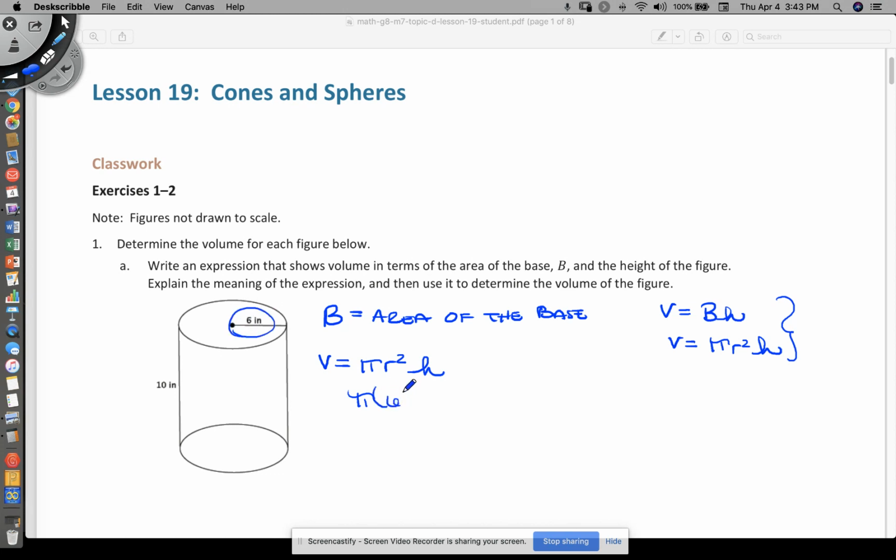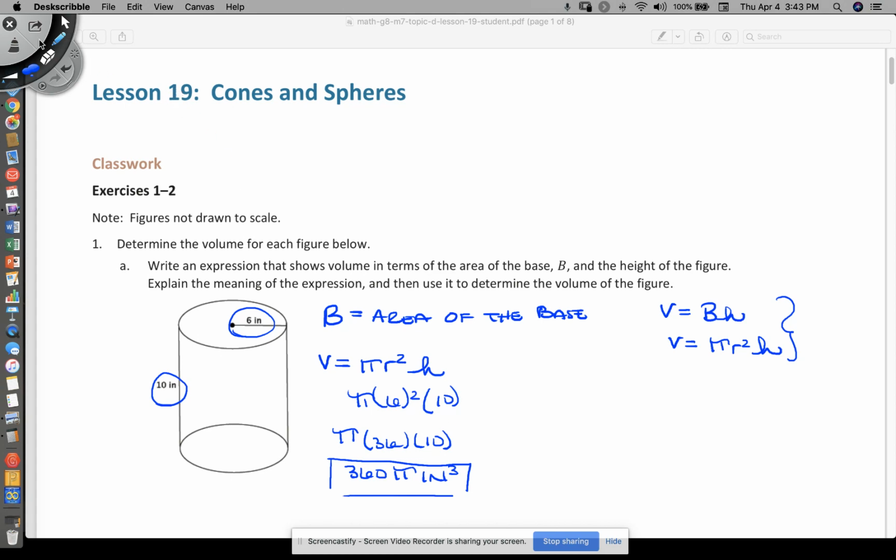So I'm going to say 6 squared times my height, which is 10. That's going to give me pi times 36 times 10, which gives me 360 pi inches cubed. And that is my final answer.